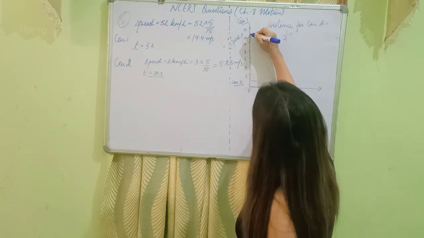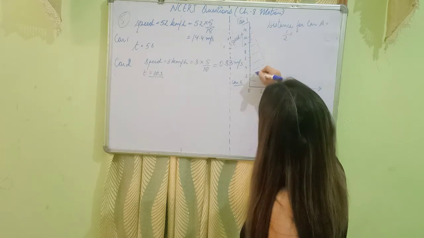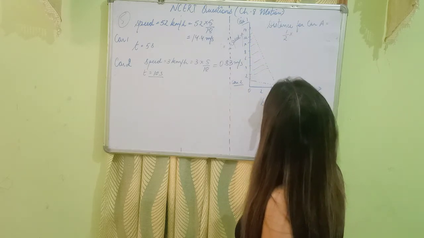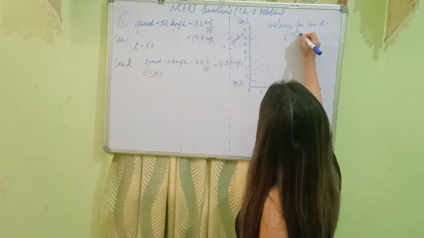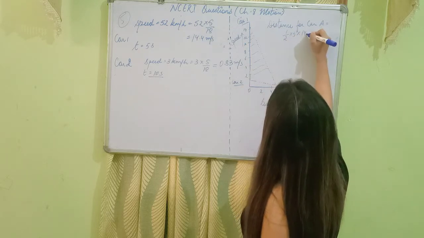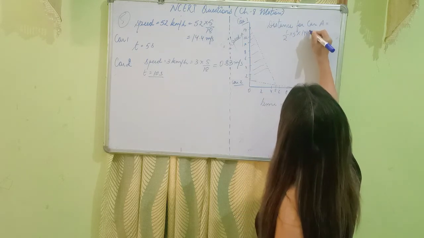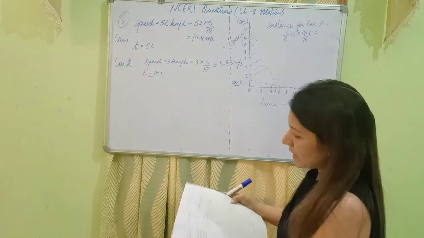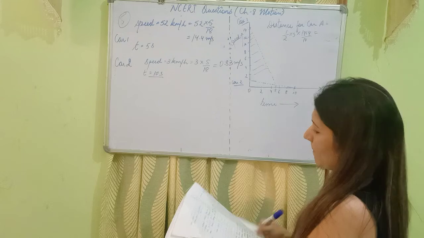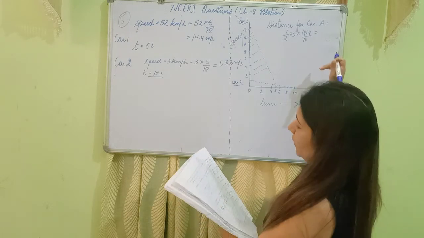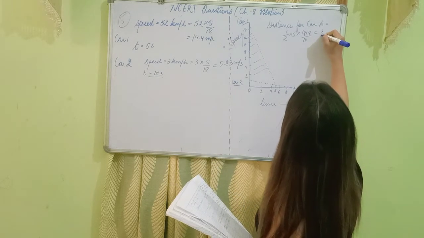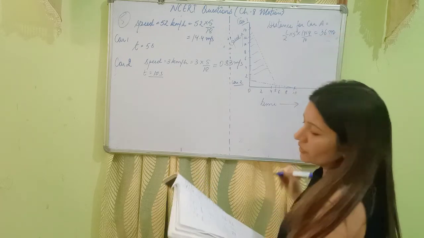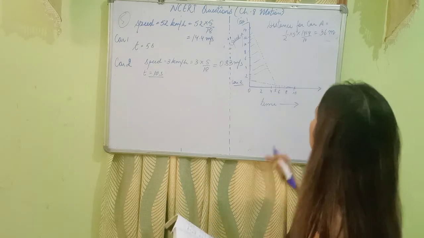Half, base is 5, height is 14.4. This would come out to be 36 meters.